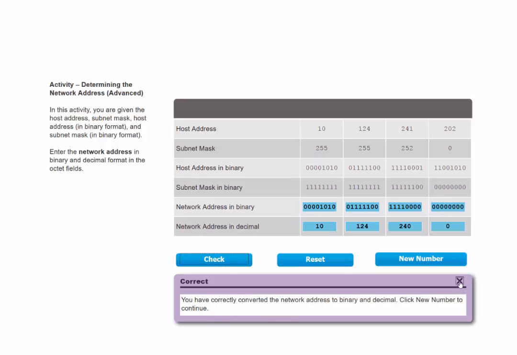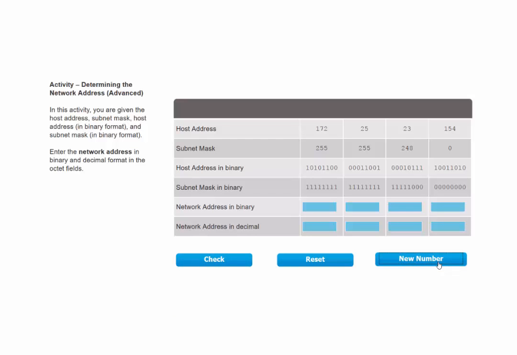All right. You can try a new number. Again, the subnet mask here is 5 ones, and then there is 0. So this will be 1 0 1 0 1 1 0 0 0 0 0 1 1 0 0 1. And here we have to be careful. So these 3 binary bits will be set to 0.